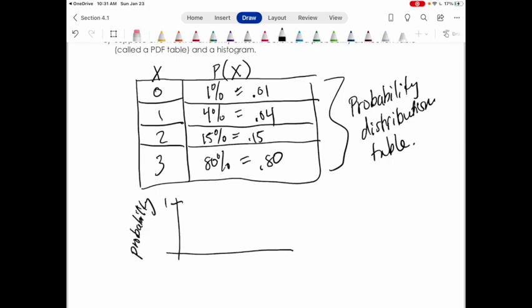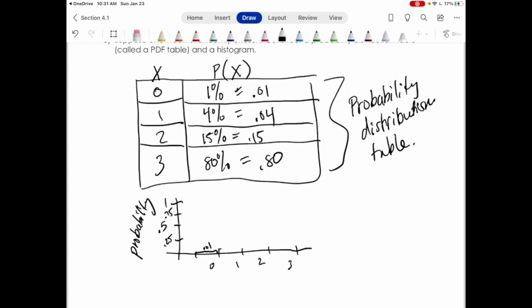So over here we'll have the probability, and it always goes up to 1 or 100%, depending on if you're using percents or decimals. And then we're going to have 4 bars, 1 for 0, 1 for 1, 2, and then 3. The chance of her attending class no times during the week is 0.01.